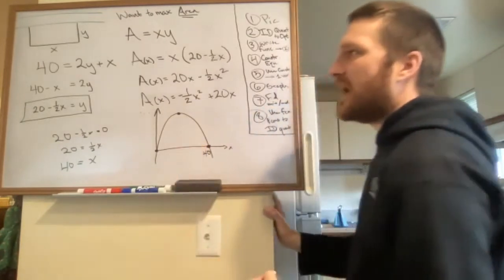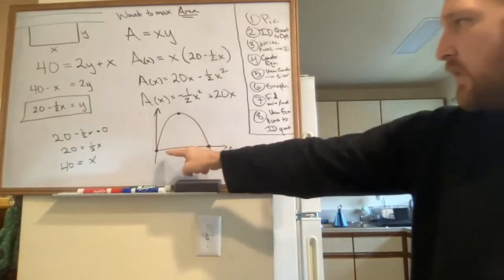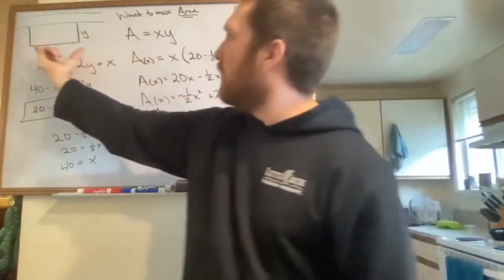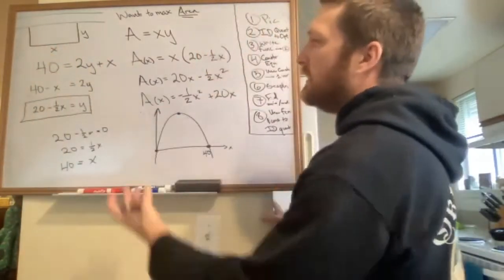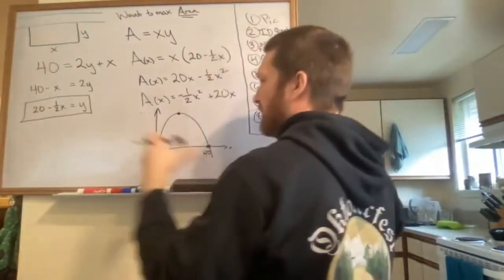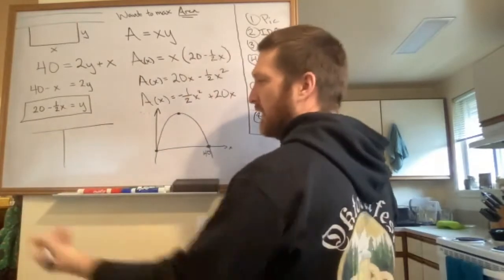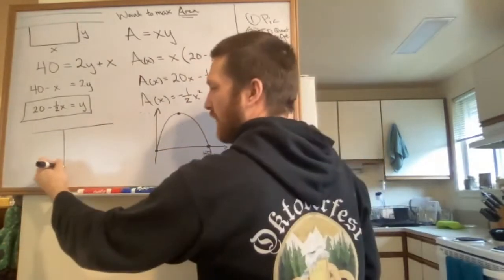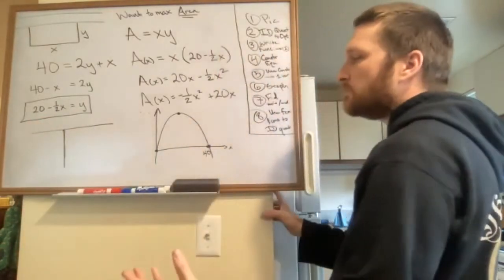And let's stop and think about this. Does this make sense? If x is 0, my area is 0. Well, yeah, if x is 0, then I don't have any area. The fence that I'm trying to build will be just a line like that, 0 units over that way and right back, so my area would be 0.